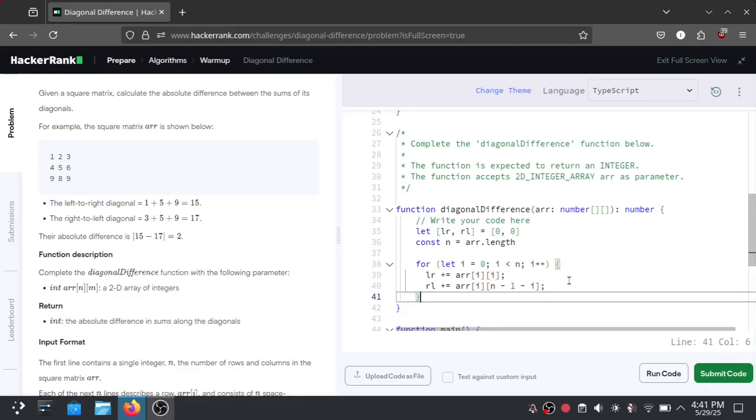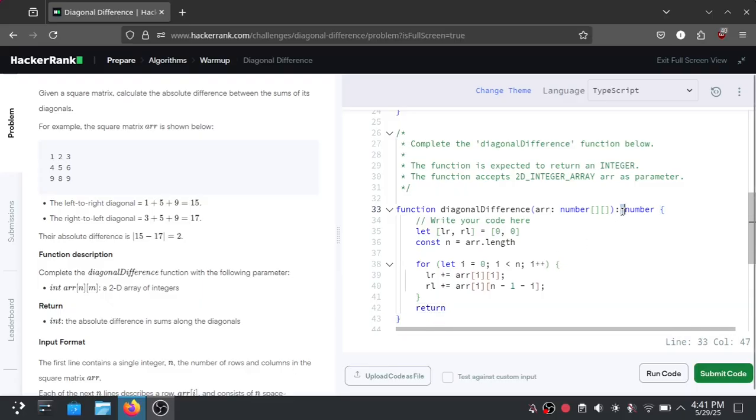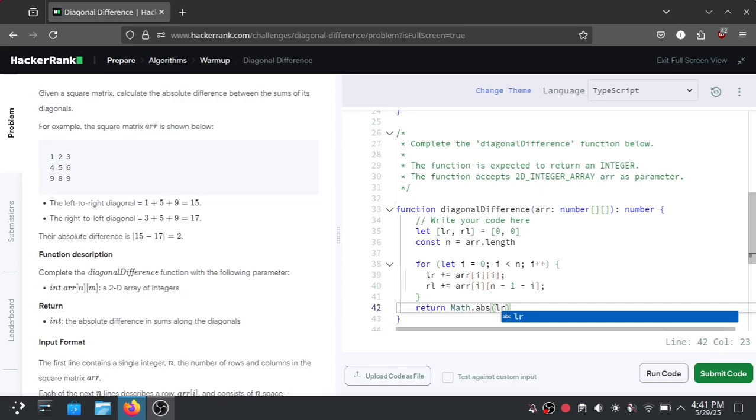I hope you understand this part, and then don't forget to return, since the function requires us to return a number. We are using the Math absolute and calculating the top left to bottom right with the top right to the bottom left.